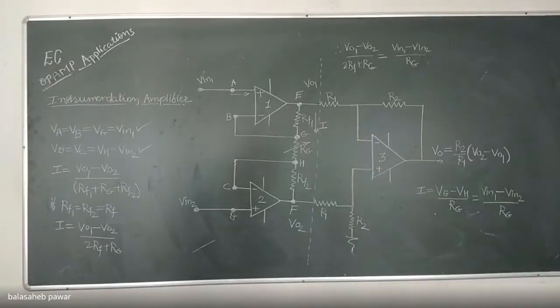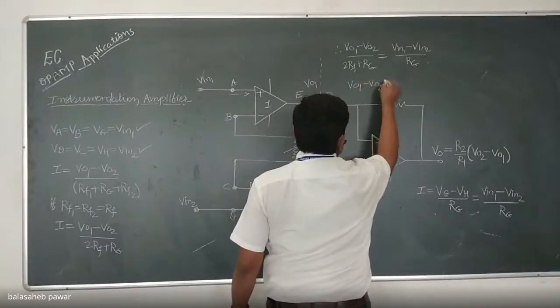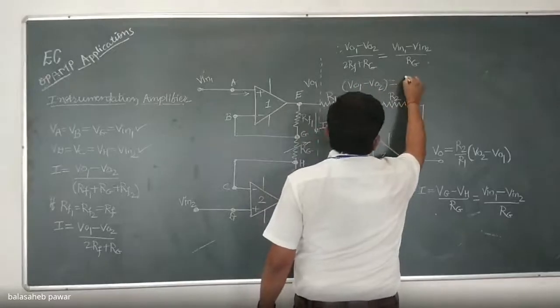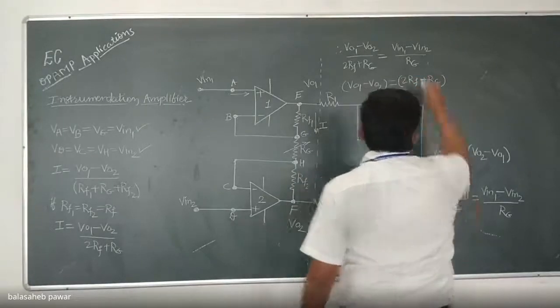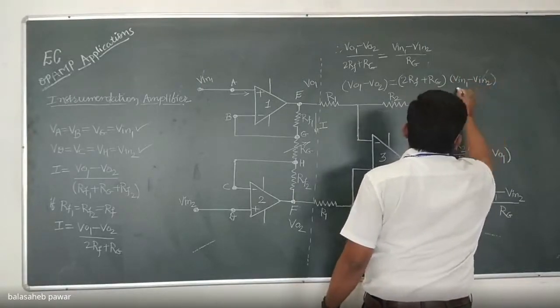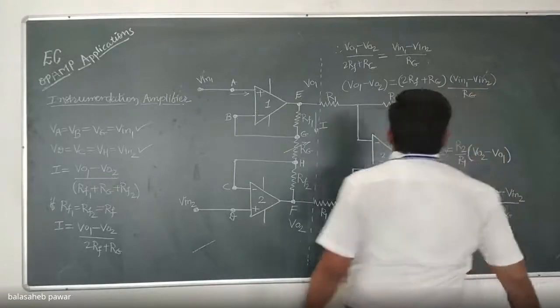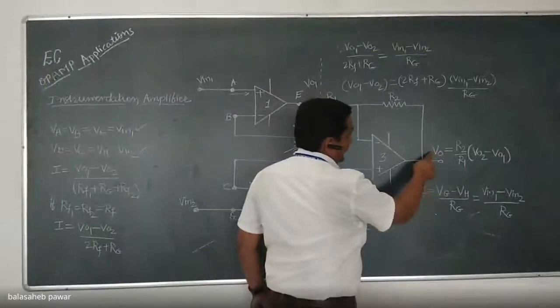By equating these two equations for I, here we can simply write VO1 minus VO2 equals twice of RF plus RG into Vin1 minus Vin2 divided by RG. Correct?